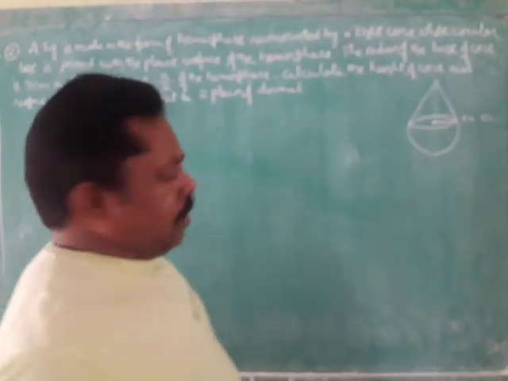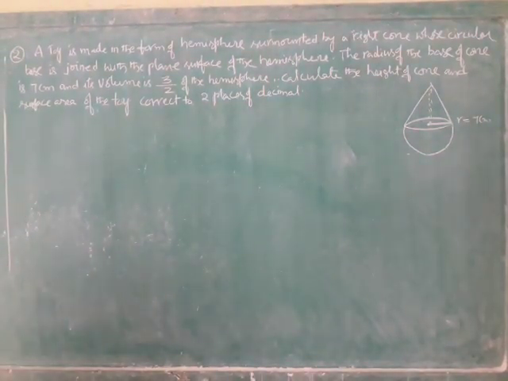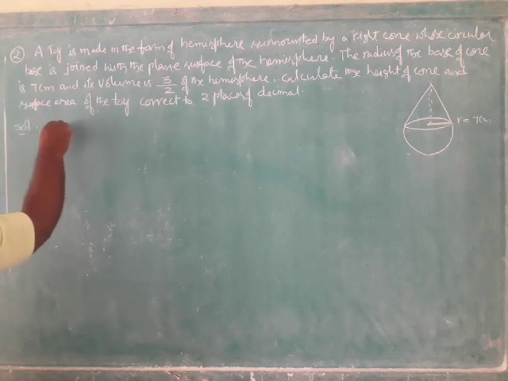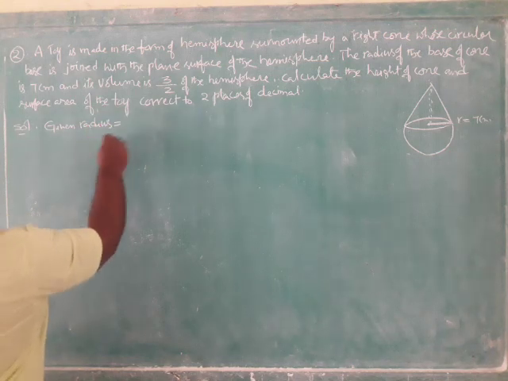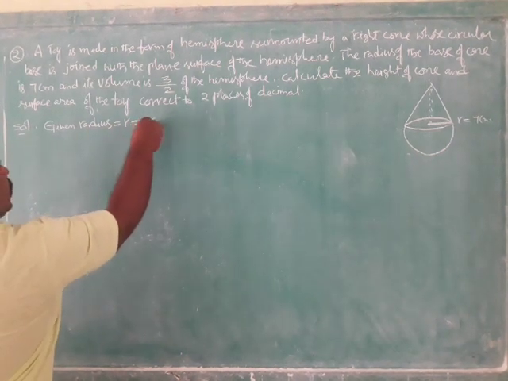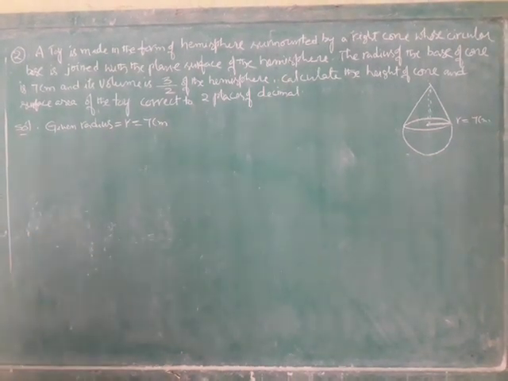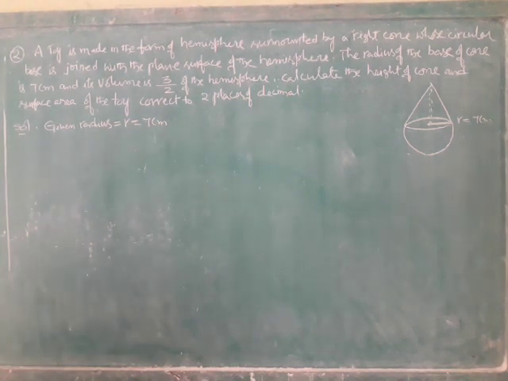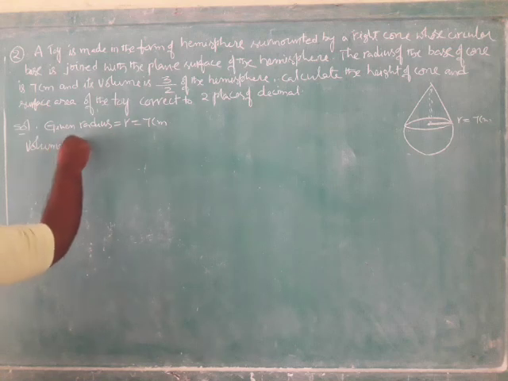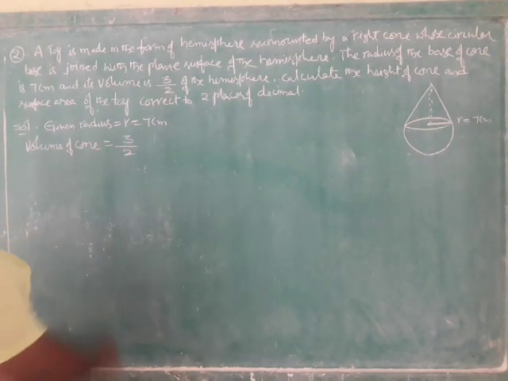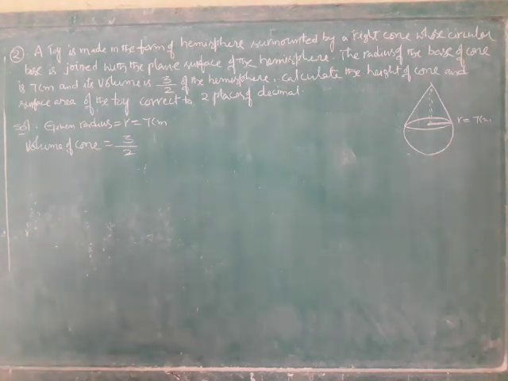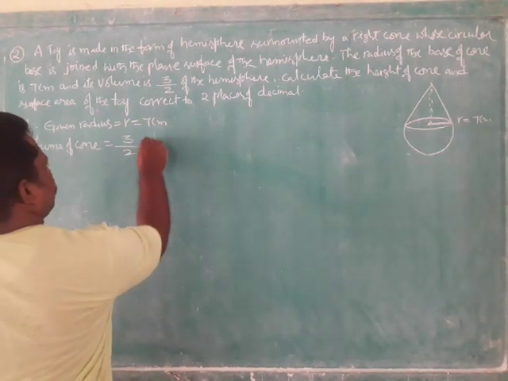Solution. Given radius r is equal to 7 centimeters. And also, volume of cone is equal to 3/2 volume of hemisphere.